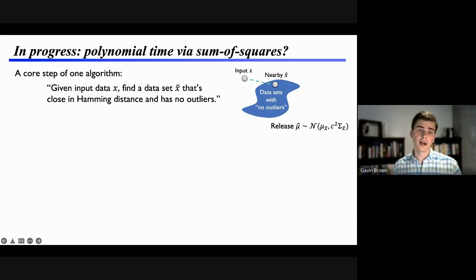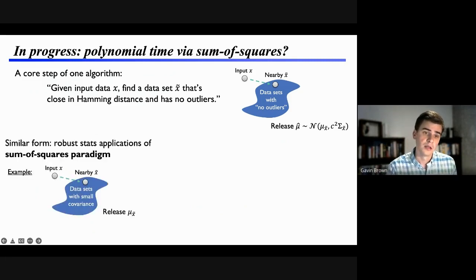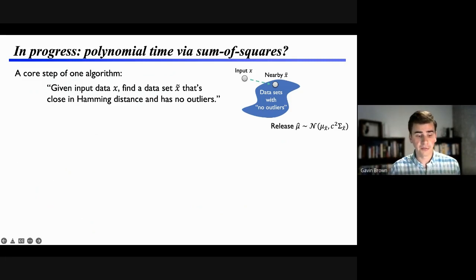And then our algorithm from the previous paper releases a noisy mean estimate, from the Gaussian distribution that has mean the empirical mean of X tilde, and has covariance the empirical covariance of X tilde. Okay, so it's based on these estimates. There's other things that go into the algorithm, but that's one of the core steps.